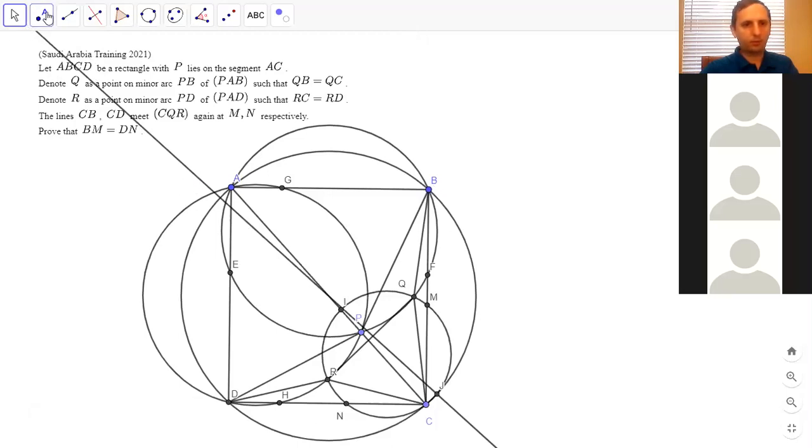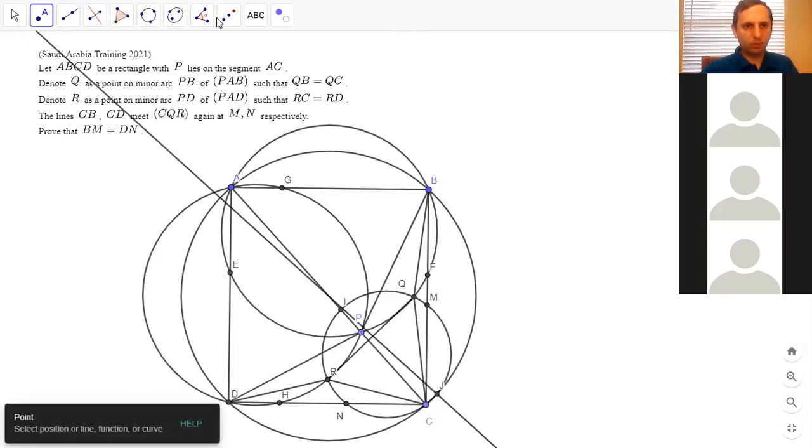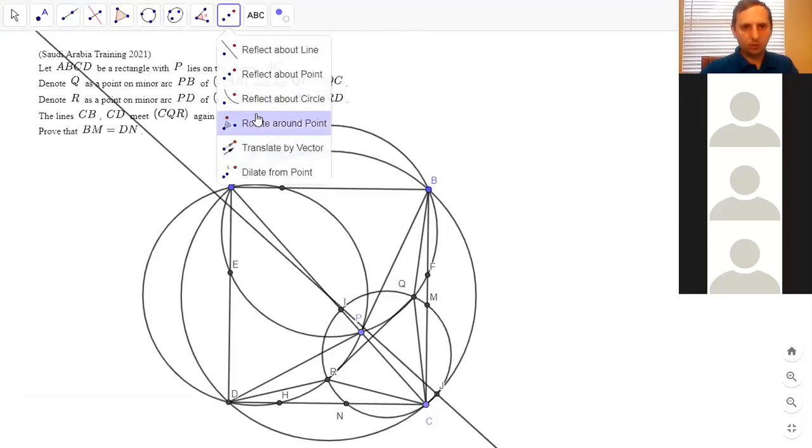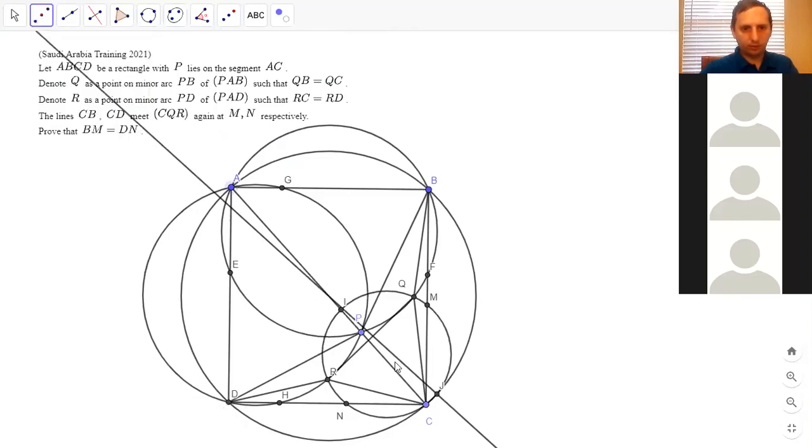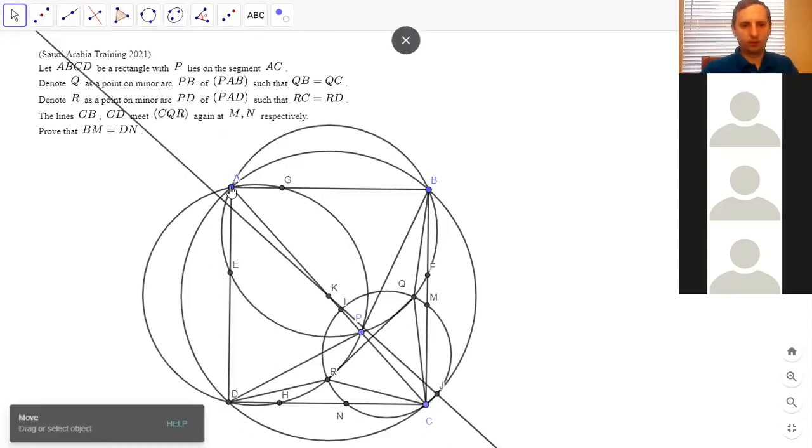And does it pass through? We draw the midpoint of AC. So yeah, it passes through the center of the rectangle.